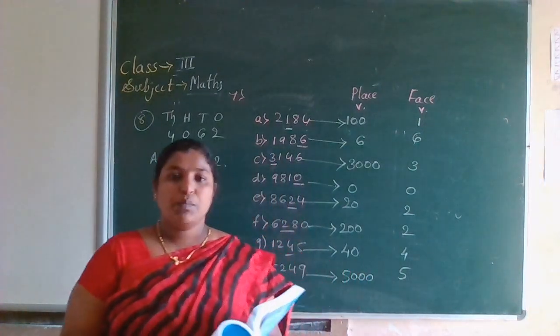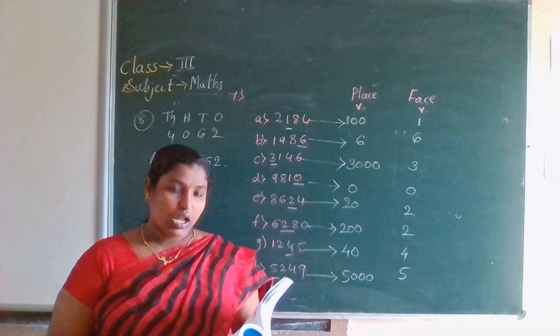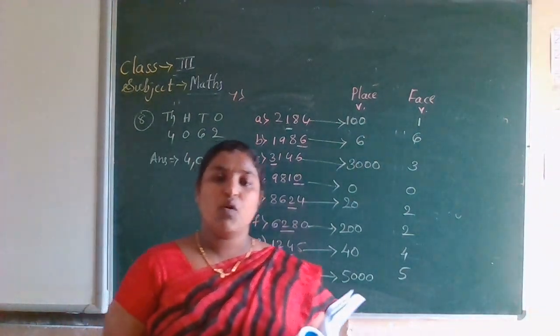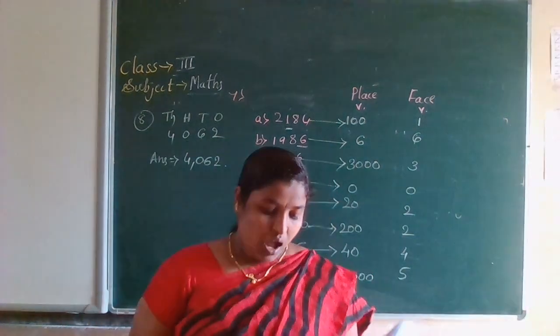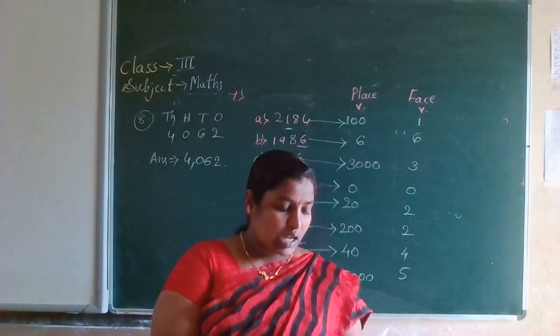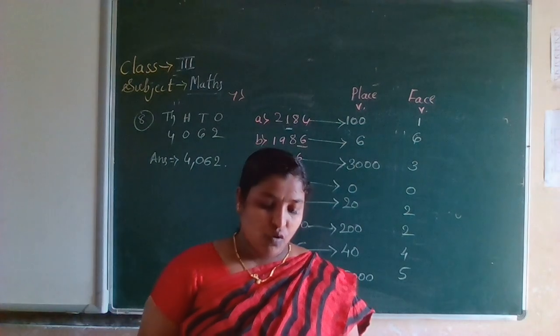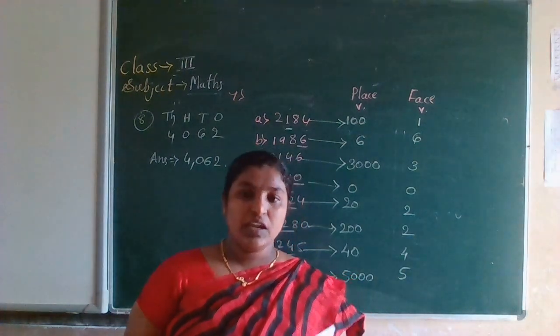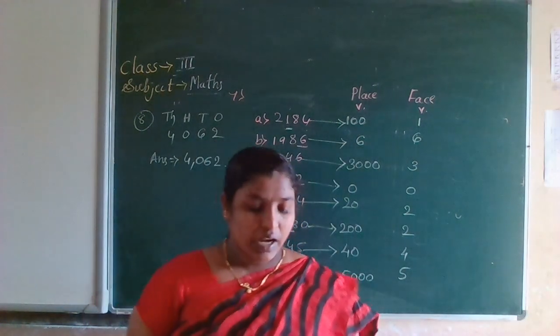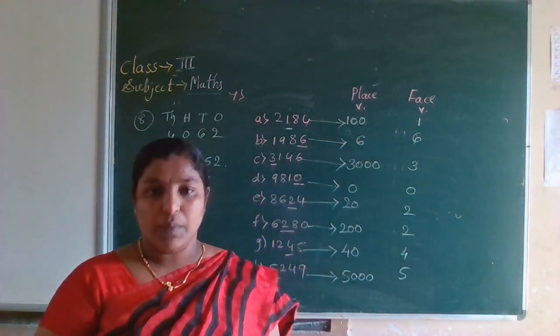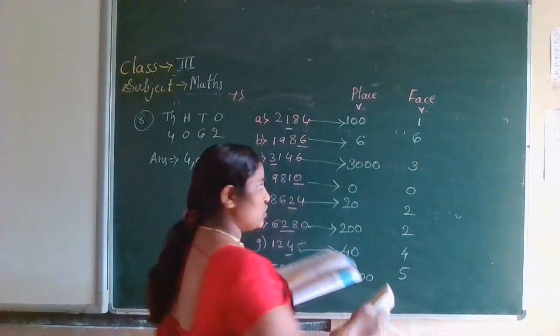Next, skip counting. I explained already about skip counting, how it should be. Okay, next activity, page number 224. So this is the activity: the greatest 4-digit number. Already I explained about this also.